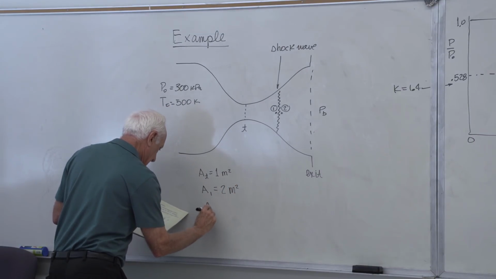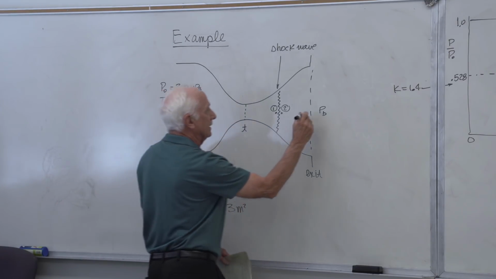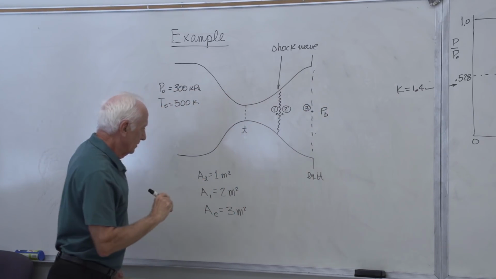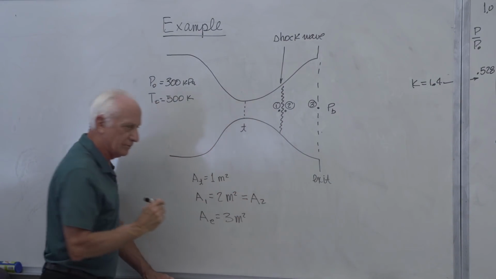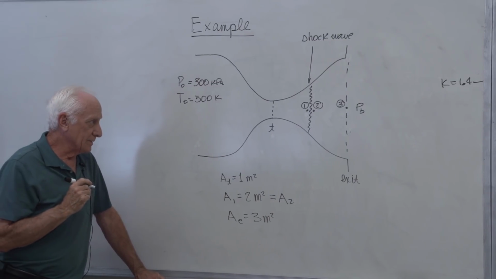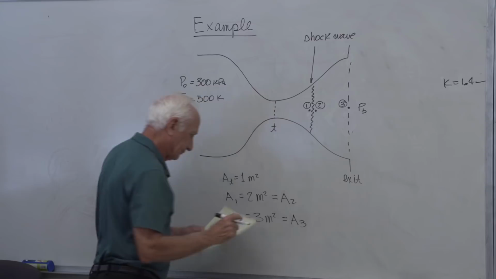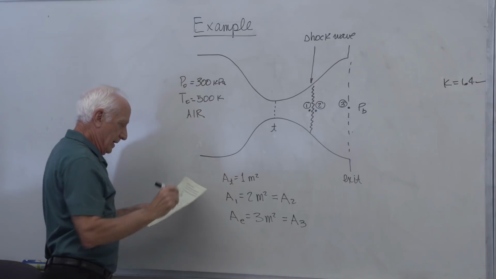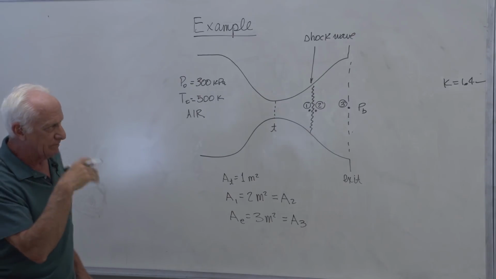And the area of the exit, which we're going to call A3, is 3 square meters. The shock is assumed to be very, very thin, so A1 and A2 are the same thing, both 2 square meters. And the fluid is air. We're asked to find many, many things; I'm not going to write them all down.